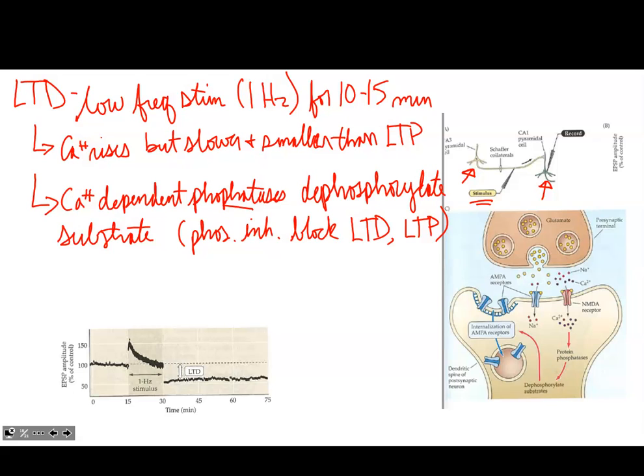Okay, and the way that we think this occurs, although we don't know all of the steps, is that AMPA receptors that are on the postsynaptic membrane get internalized. Endocytosis, right?